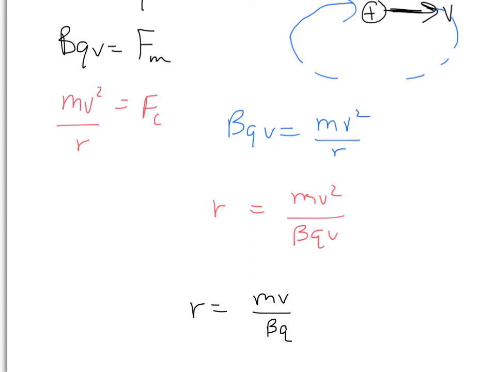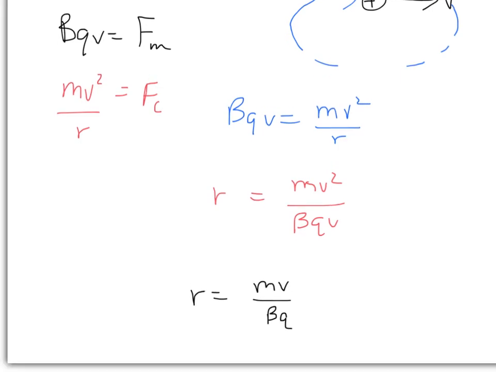B is the magnetic field, 2.5 Tesla. Q is the charge of a proton, 1.6 times 10 to the negative 19. And finally, velocity is 2.5 times 10 to the 7 meters per second. So plug those four numbers in.